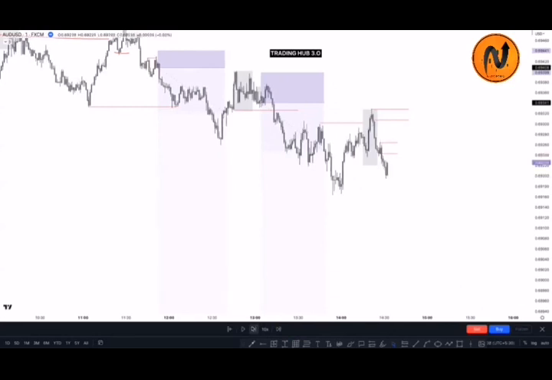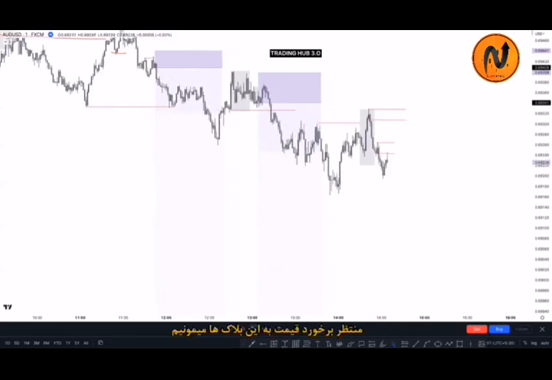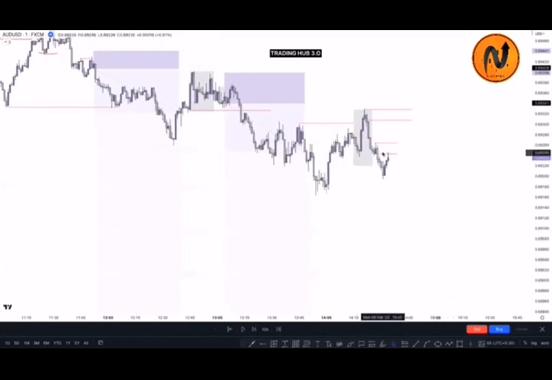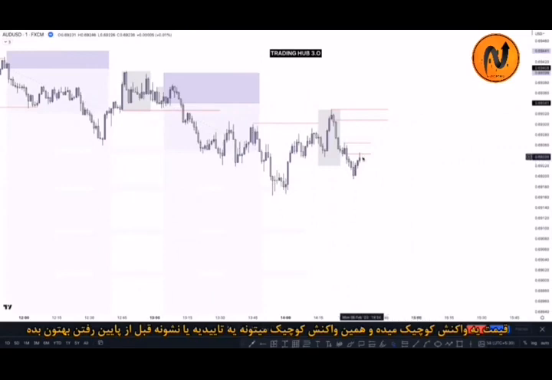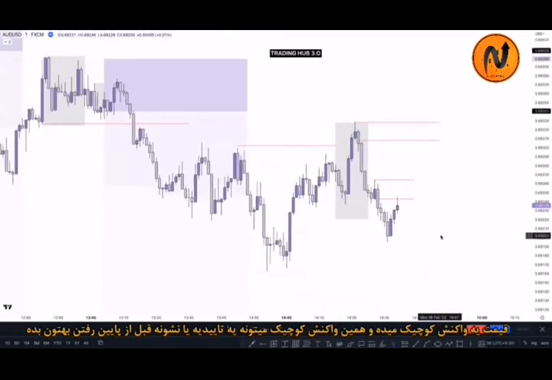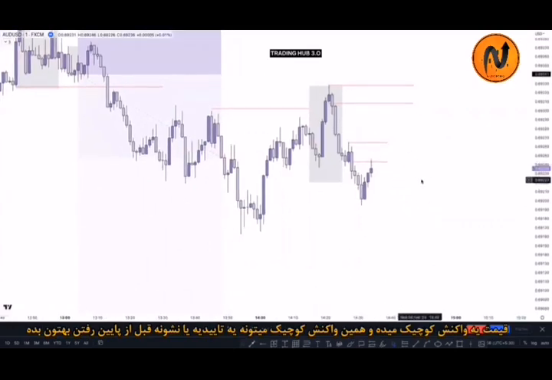Okay, you have to wait for it to mitigate the 1 minute order block. It gives a small reaction here, and once the market gives a reaction here, you have to prepare, as the market can give you a confirmation, like an indication before a downside move, right?